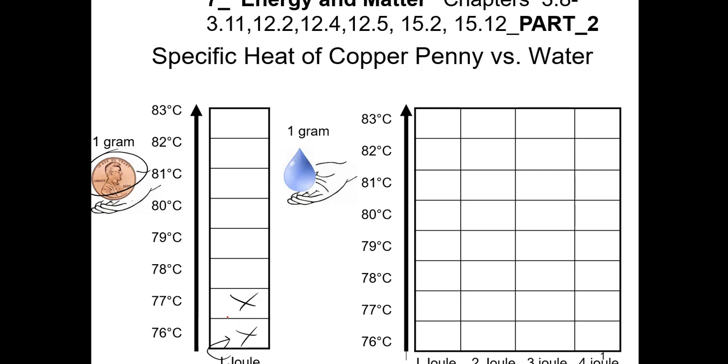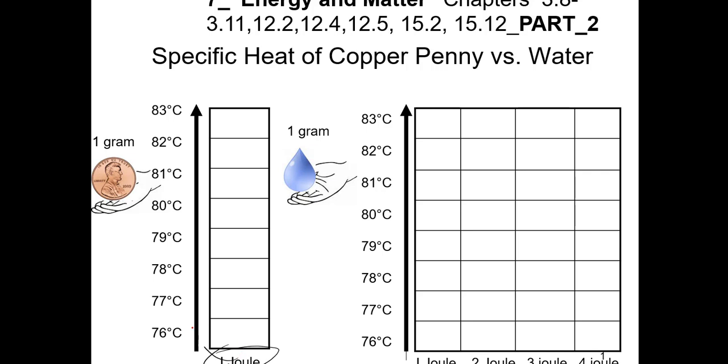So if I add in 2 joules, then it'll go from 76 to 77 degrees Celsius. If I add in 3 joules, it'll go from 76 to 78 degrees Celsius. So notice it requires a specific amount of energy, in this case 1 joule, for it to raise in temperature.